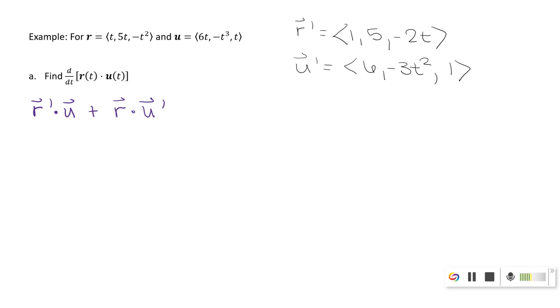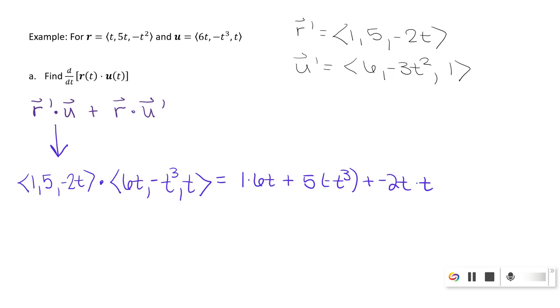So the r prime and the u prime are the same as before. We're working with the same functions. So r prime is still 1, 5, negative 2t. The u prime is still 6, negative 3t squared, 1. And so let's just plug those vectors in. So I'm going to start by computing r prime dotted with u.